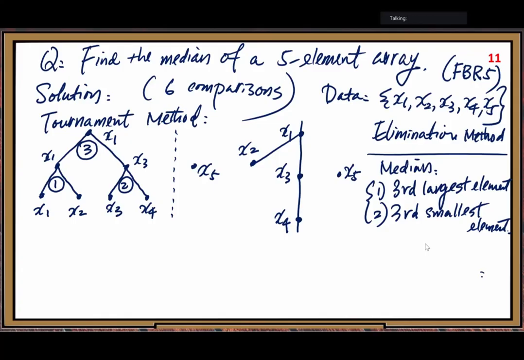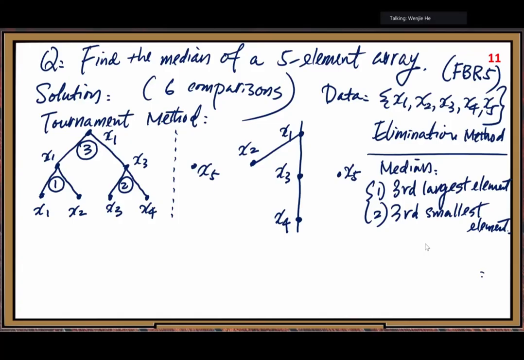How about X1? Why do you ignore X1? It is greater than at least 3 elements, that's for sure. So can we say X1 cannot be the third smallest element? Because you find at least 3 elements that are absolutely less than X1.